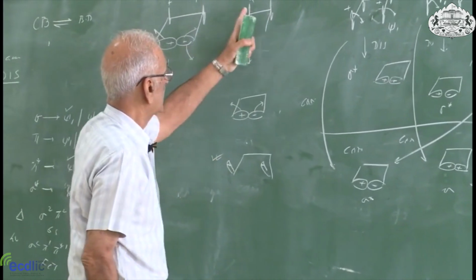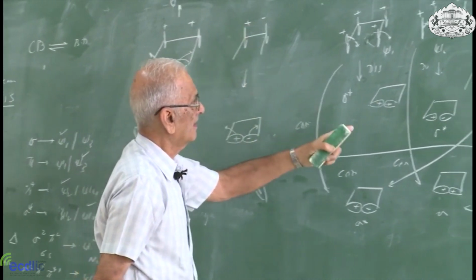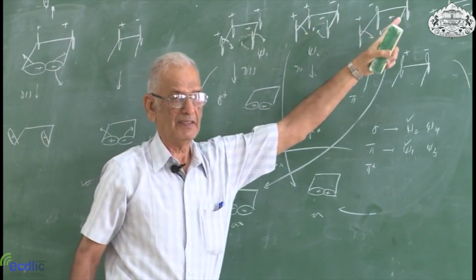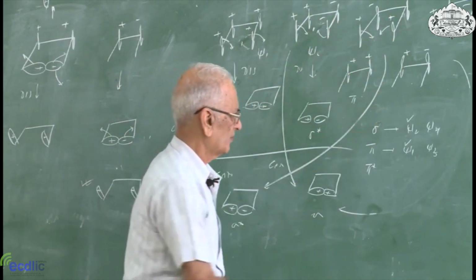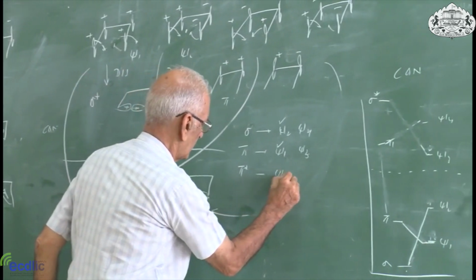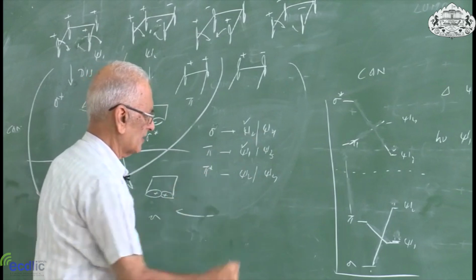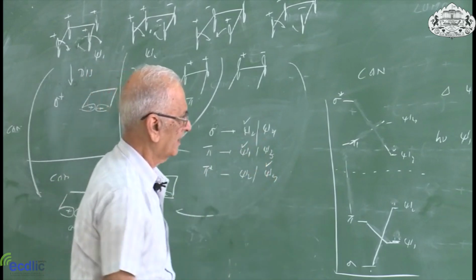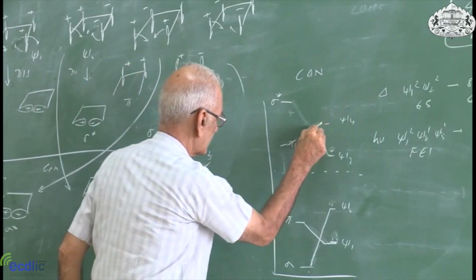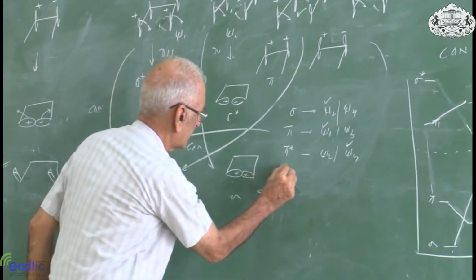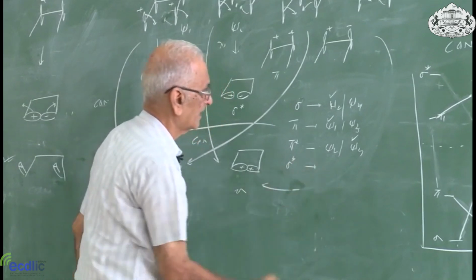Pi star is plus and minus, therefore, it can correlate with psi 2 or psi 4. Psi 2 is occupied, therefore, I correlate with psi 4. I look at sigma star.